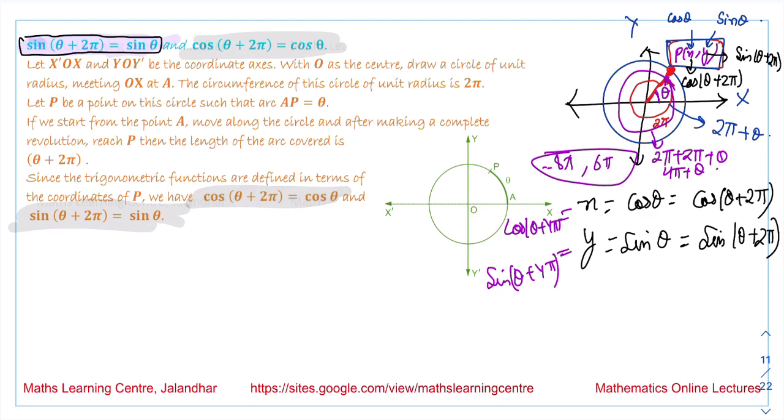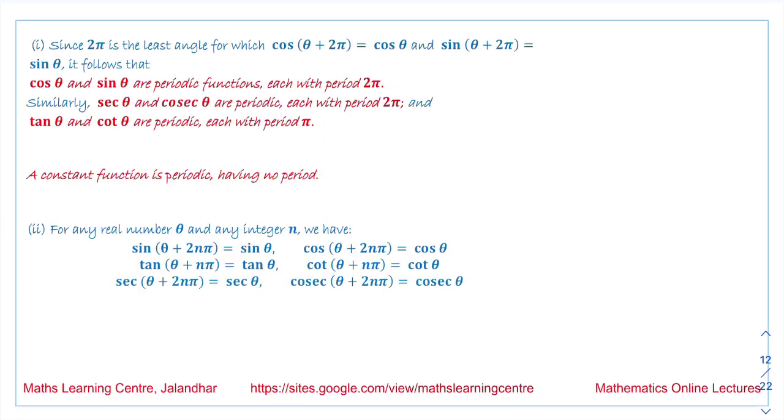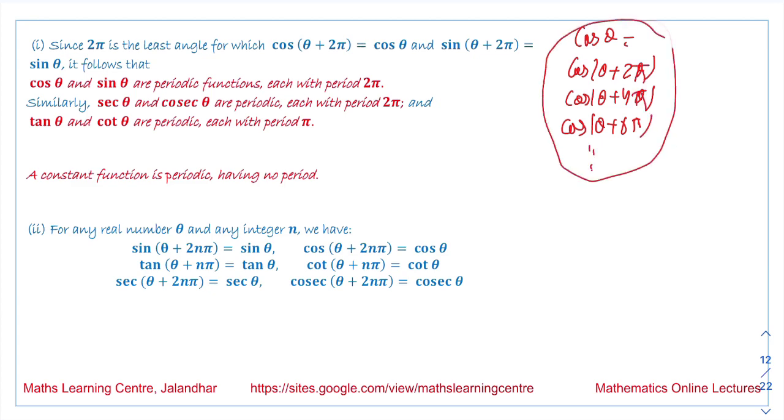Now moving on to our next slide, you can say that this 2 pi is the least value. We have seen that cos of theta plus 2 pi, cos of theta plus 4 pi, cos of theta plus 6 pi, and so on, are all equal to each other.